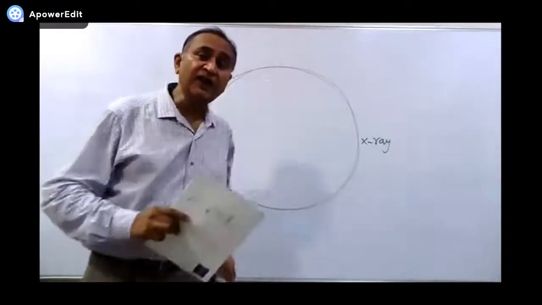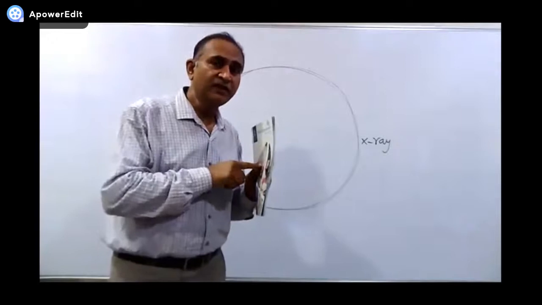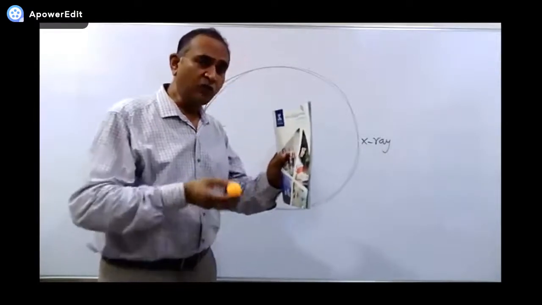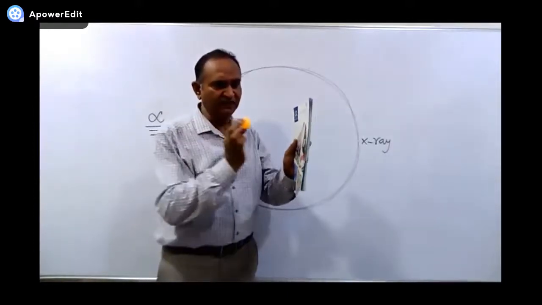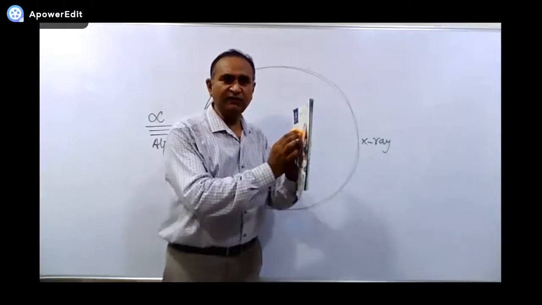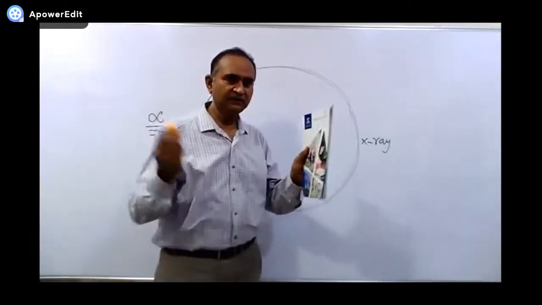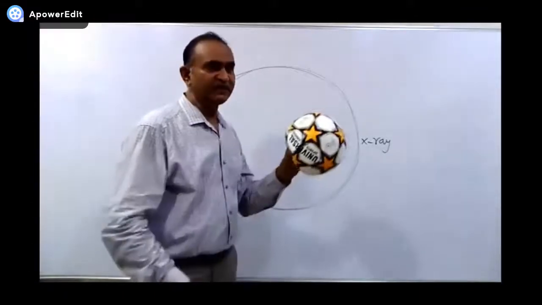What was he thinking? That this gold foil is made up of atoms, and according to J.J. Thomson, atoms are solid. So when these alpha rays hit these atoms, they should go back like this. Okay? This is the gold foil, and these are its atoms.